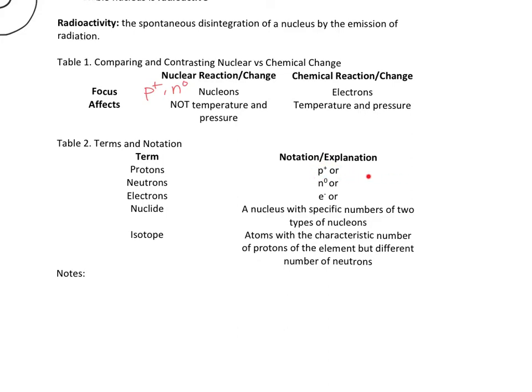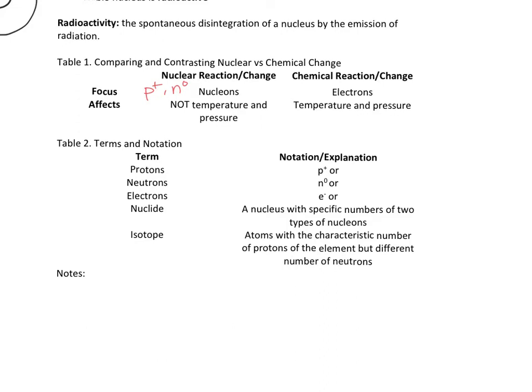There's other ways, or you can fill in the blank if there's other notations that you're familiar with. There's other ways to represent a proton. Neutrons, n 0, or there's other different ways to represent neutrons. Electrons, this is usually what we're going to be using, but there's, of course, always other ways to represent an electron.